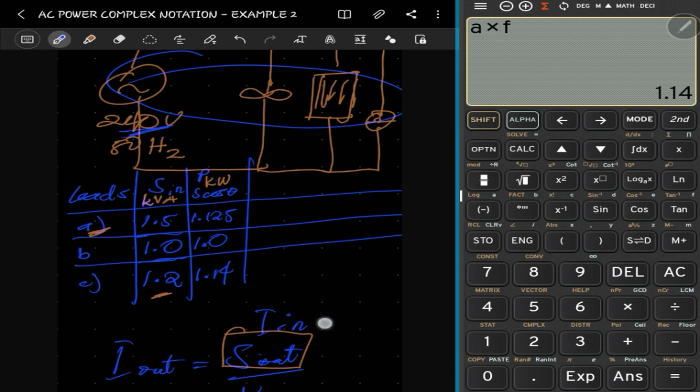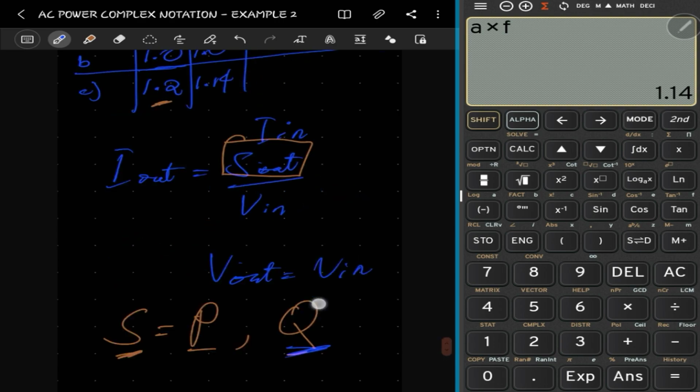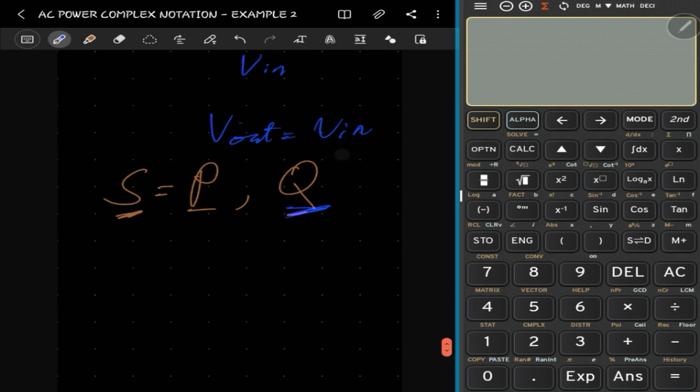And now the next thing we have to do is find the apparent power for each and every one of them. And how do we go about that? Because we have the power factor for each and every one of them, there's a way that we can find the other one. We know power factor is cos theta, right?